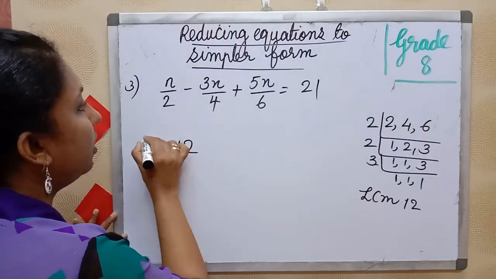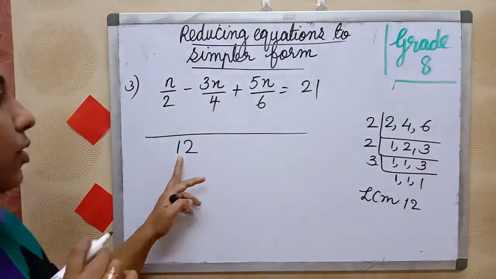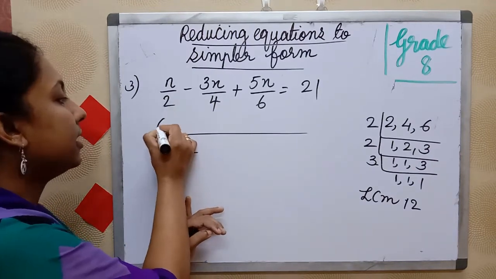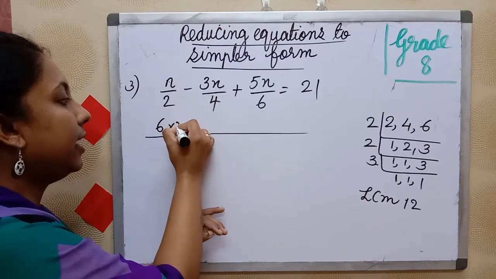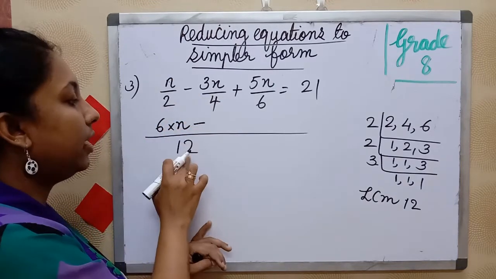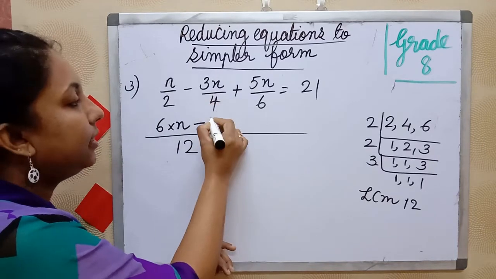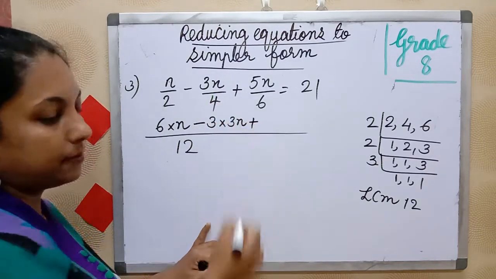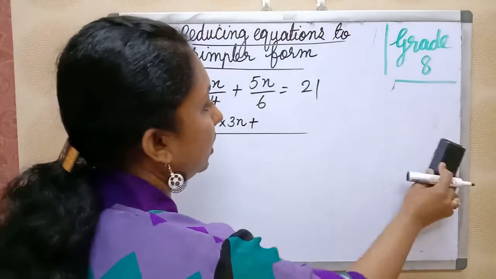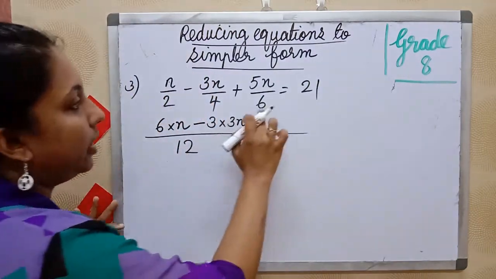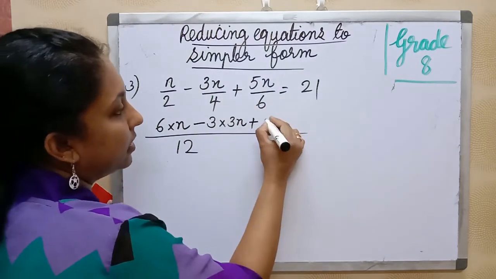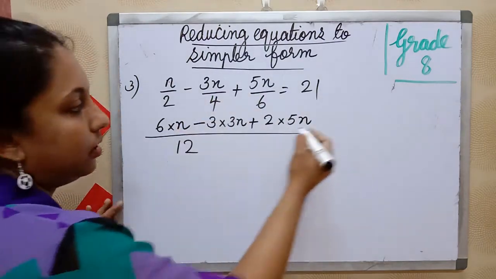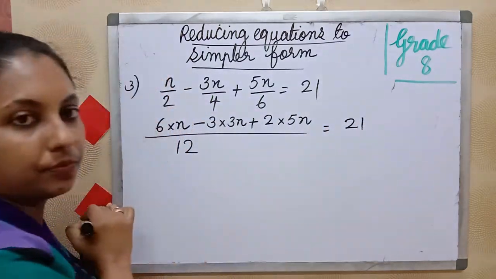So 12 upon, first you have to divide the denominators. 12 divided by 2 is 6, 6 into numerator n, minus, again 12 divided by 4 is 3 into numerator 3n, plus, again third term, 12 divided by 6 is 2 into numerator 5n is equal to 21.